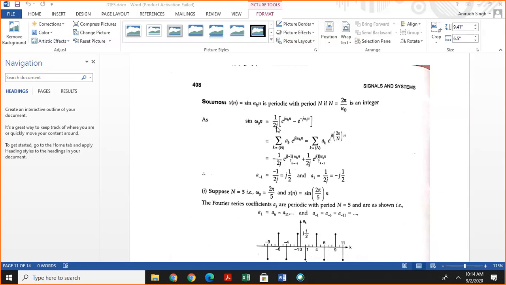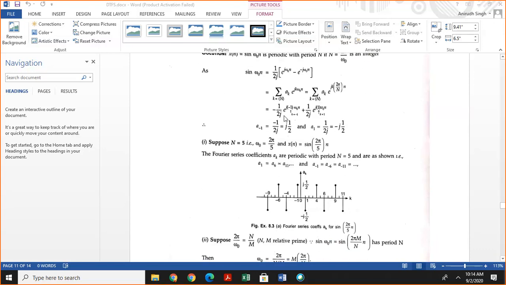Sine omega naught n can be written by this expression, which is written like this: minus 1 by 2j exponential j minus 1 omega naught n plus 1 by 2j exponential j plus 1 omega naught n. This is the coefficient of a1, and this is the coefficient of a minus 1.